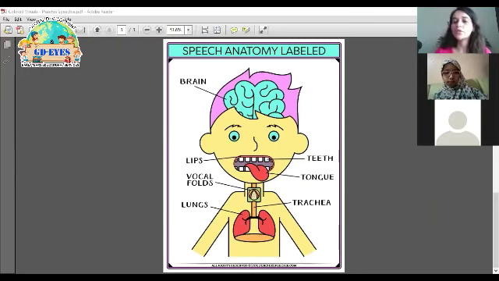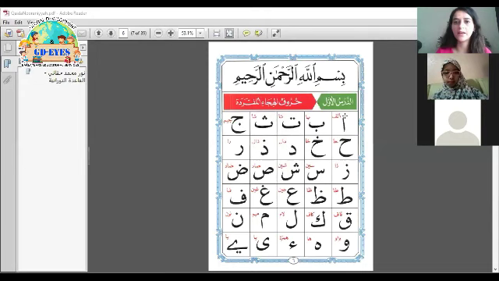If we're talking about the vocal cords today, let's look at the letter alif. Do you see the screen? Can you see the screen very well? Good, great.